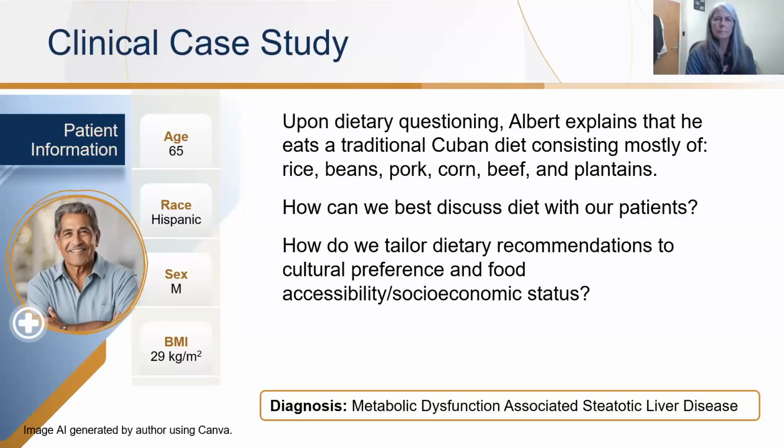And I think especially in Albert's case, we have to be very sensitive about his cultural preferences. I mean, Hispanic diets of rice, beans, pork, plantains, we have to be very sensitive about how we approach it. Yeah, especially in an era where we're working so hard to appreciate how diverse diversity is.